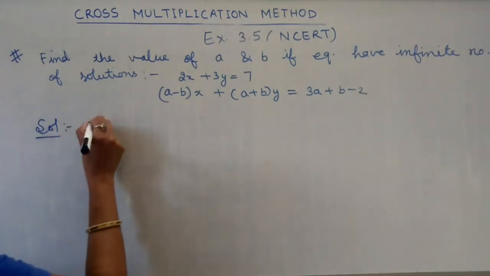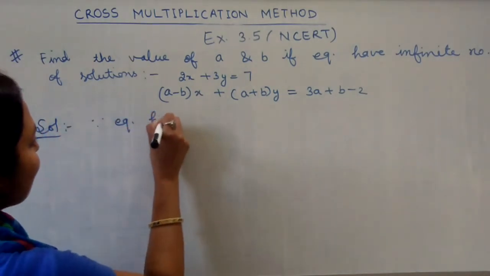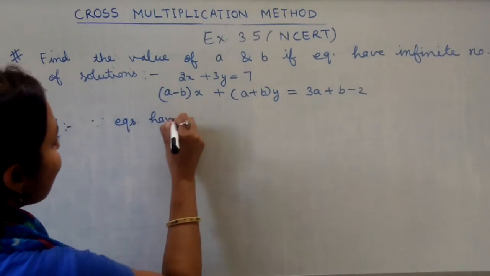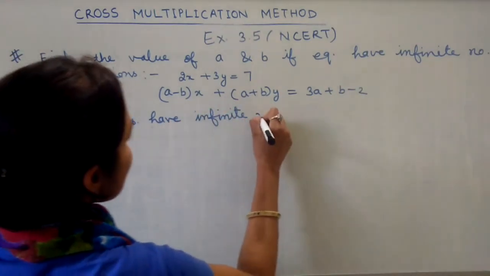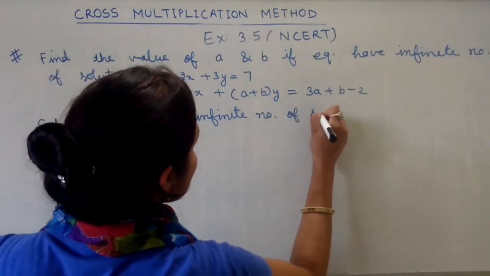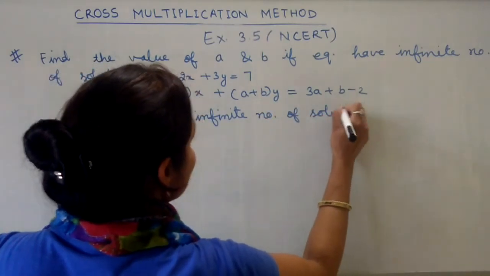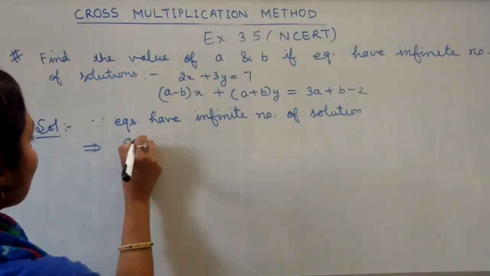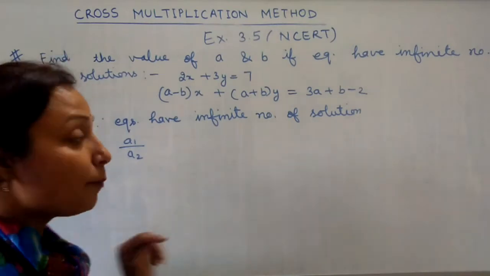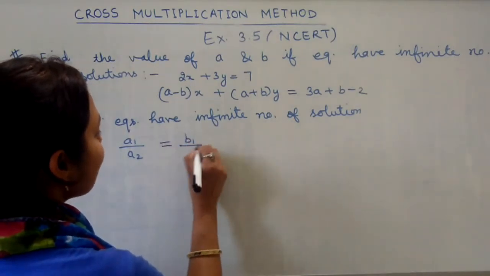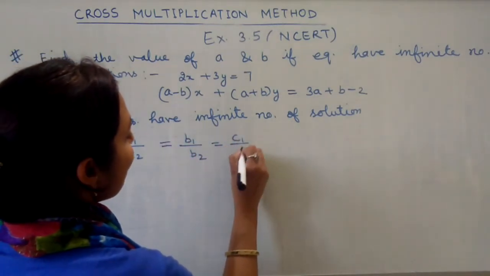Because the equations have an infinite number of solutions, the condition is a1 upon a2 is equal to b1 upon b2 is equal to c1 upon c2.